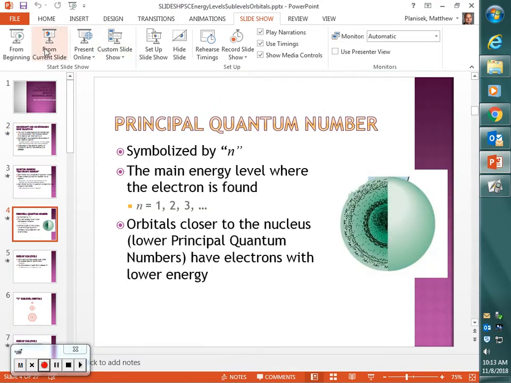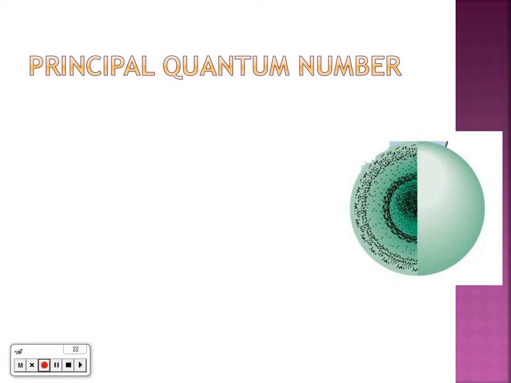The color of our orbital represents something that we call the principal quantum number. Principal is spelled P-A-L, as in, the principal is your pal.